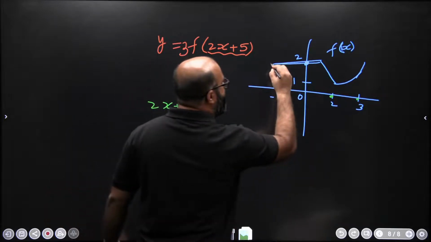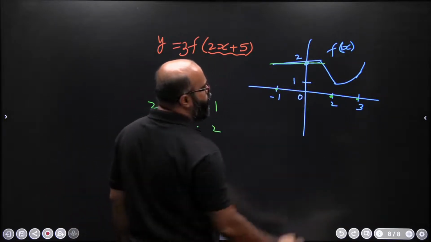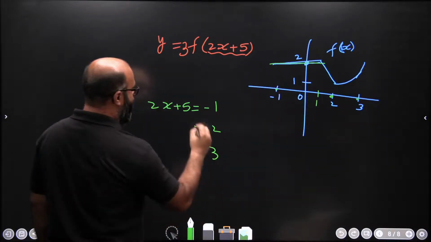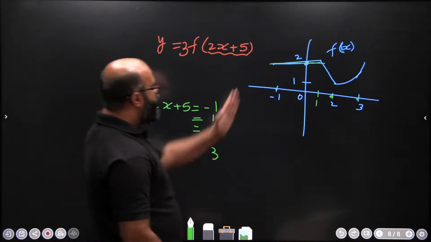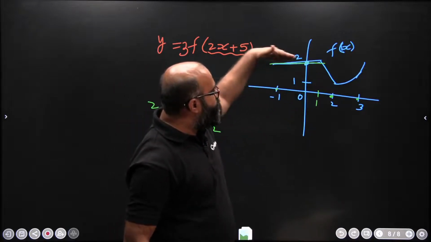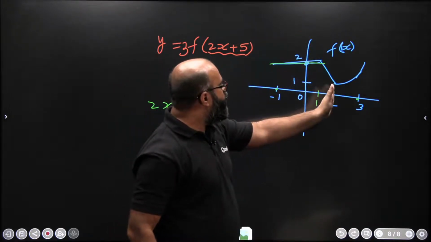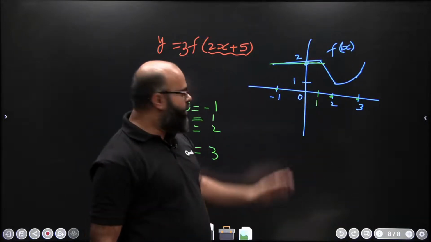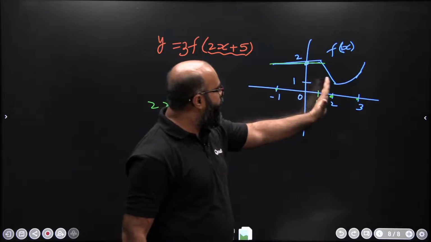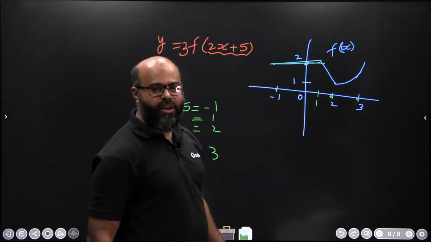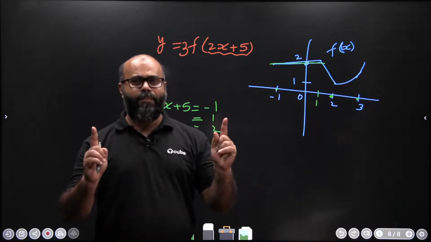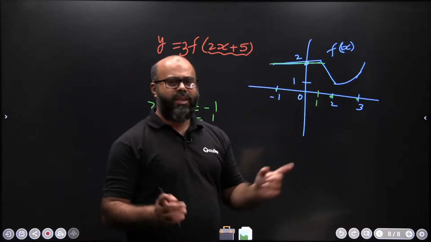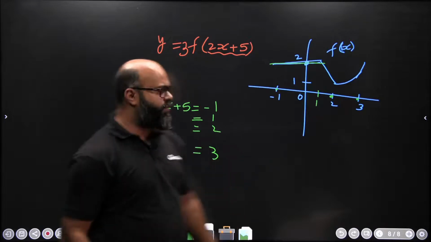From minus 1 to 1 it is just this, from 1 to 2 it is this line, and from 2 to 3 it is this curve. So how many points do we have? 4 points of concern here. 2 points are the beginning and end points, and 2 intermediate points where the nature of the curve is changing.